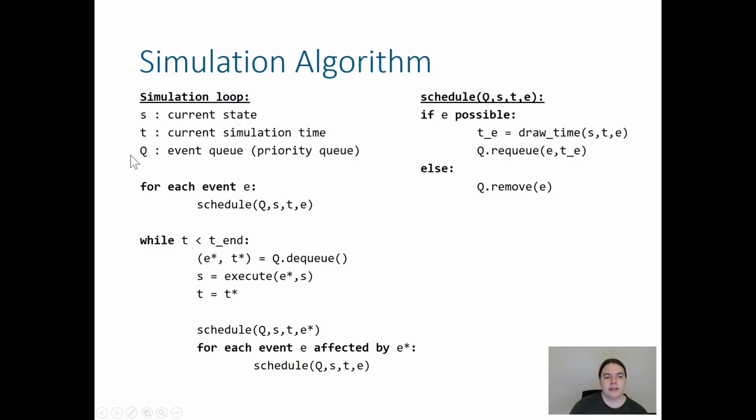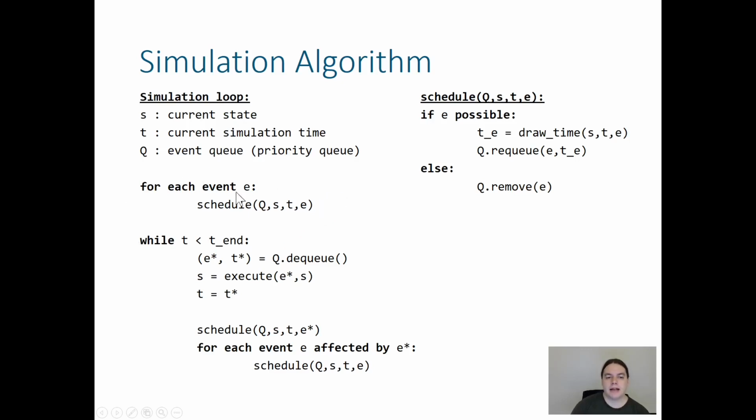And then to schedule our events, we have an event queue, and we call it Q. The event queue is just a priority queue, a data structure that allows to store events, or general objects, together with a priority, and then retrieve the object with the lowest priority. So in this case, we will use the time as priority, and then we can retrieve the event with the lowest execution time. So to begin our simulation, we have to schedule all events to fill our schedule.